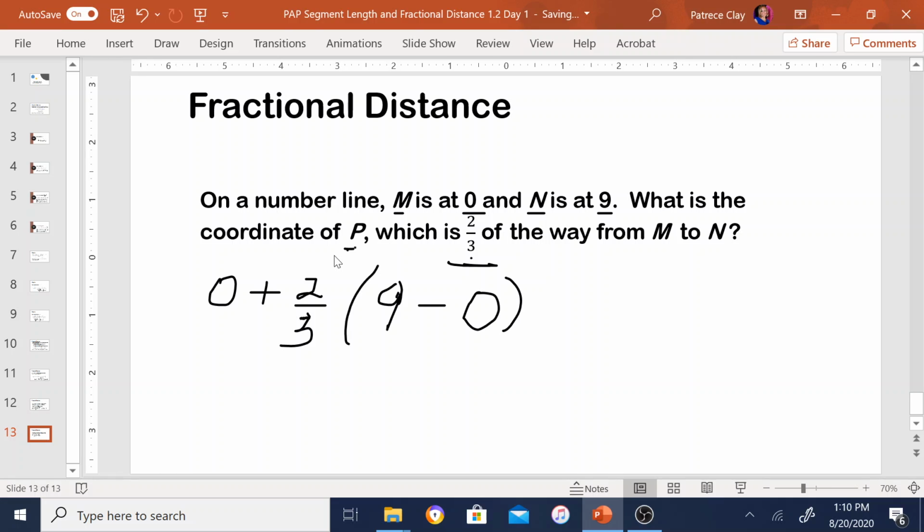So that one's really easy, isn't it? So that just goes away, so that's 9. So 2 times 9 is 18, divided by 3 is 6. And we have 0 plus 6. Well, that's easy. Our point P is equal to 6. Okay? Thank you.